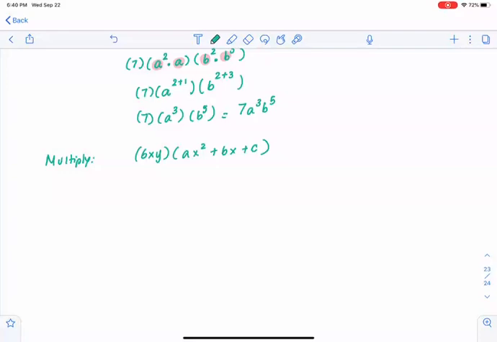So we have 6xy multiplied by ax squared plus bx plus c. Since this is a monomial and that is a trinomial, we're just going to distribute the terms throughout. So we're going to multiply 6xy with ax squared.